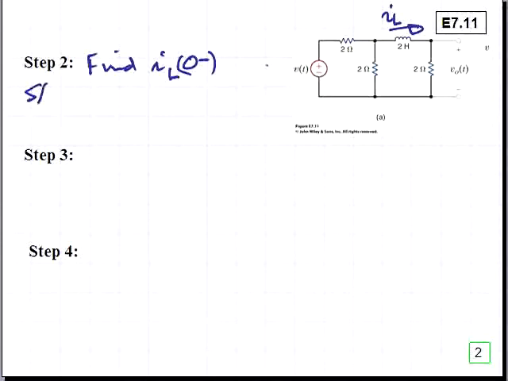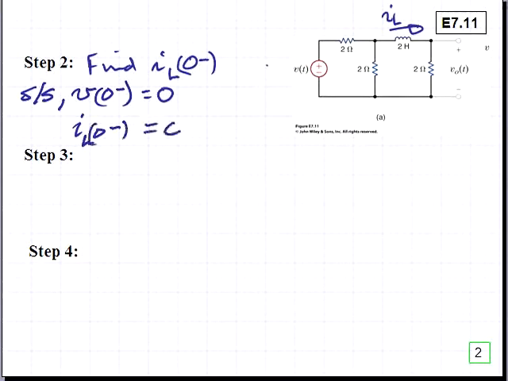We assume the circuit has been in the steady state condition up to time 0. The voltage source has 0 amplitude just before the switching to the 12 volts. And from this we can assume that iL at 0 minus is equal to 0.